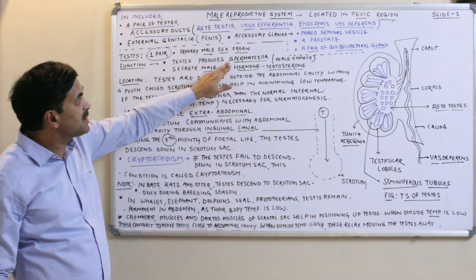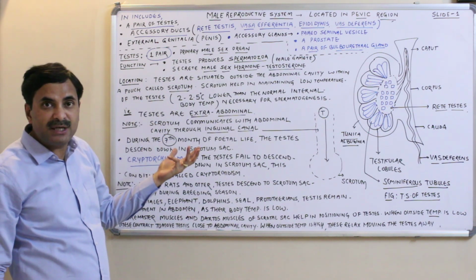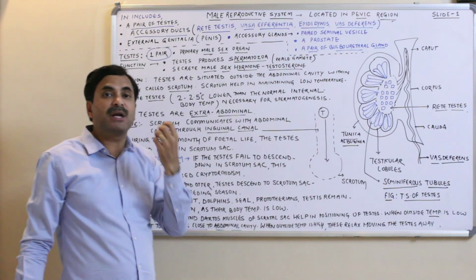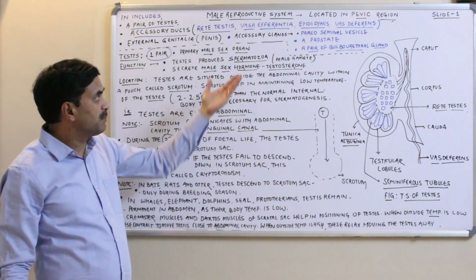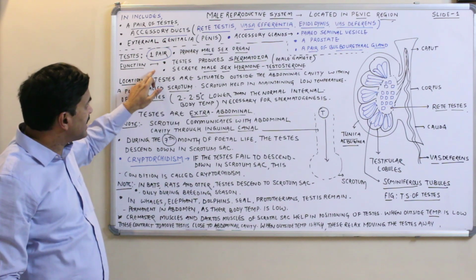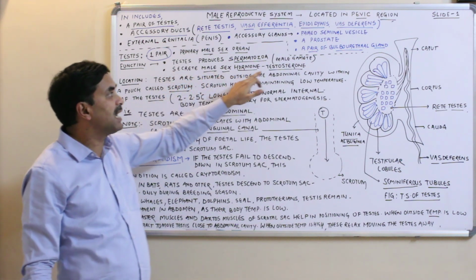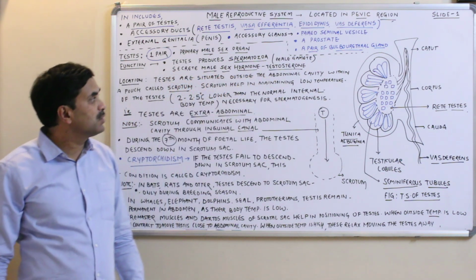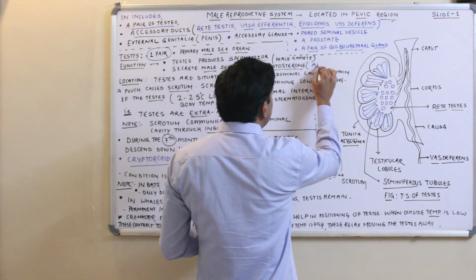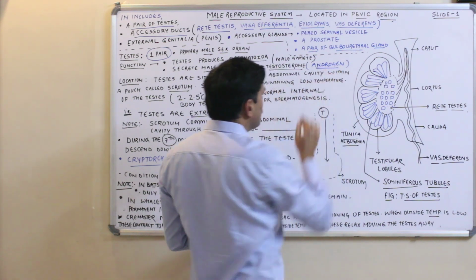Testes produce spermatozoa or the male gamete, and because all sexually reproducing organisms have a reproductive unit known as the gamete, the male gamete is important. The second function is that the testes also secrete the male sex hormone, known as testosterone. Testosterone is the principal androgen, and it is a steroid hormone.